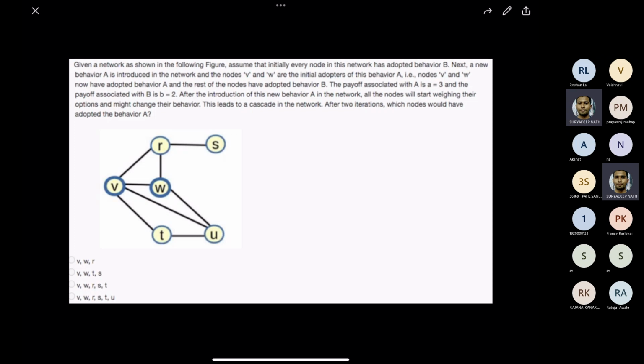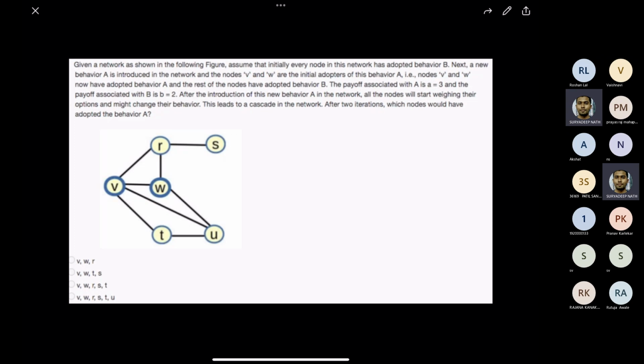If you look at T, it has one friend V and one friend U. So for T, since the payoff of A is more than payoff of B, T will definitely adopt behavior A after the first iteration. U has 2 friends with new behavior and 1 friend T with old behavior.